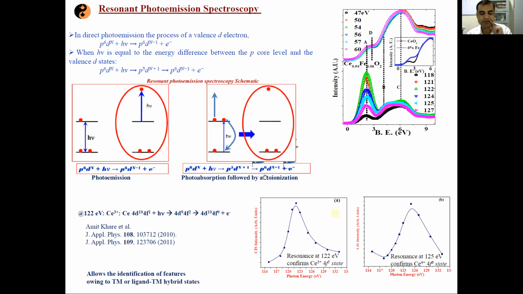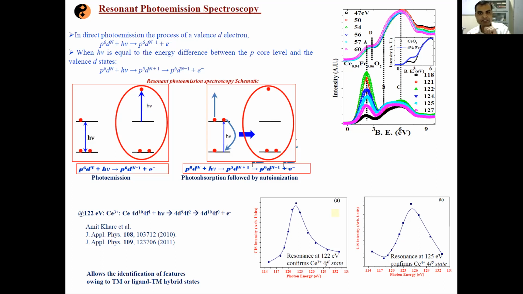So what does that mean? That means at that particular photon energy, there are now two possible channels of photoemission. One is the normal photoemission, where you have a direct emission of an electron from the d level, and the other is where an electron is excited from p to d, and then that excited electron comes back to p, and before coming back it knocks out another electron in the d level, like Auger electron emission.